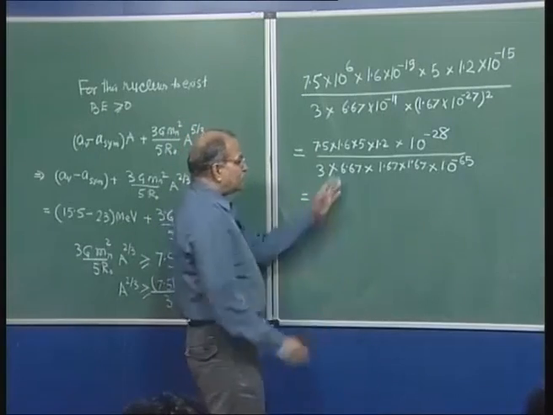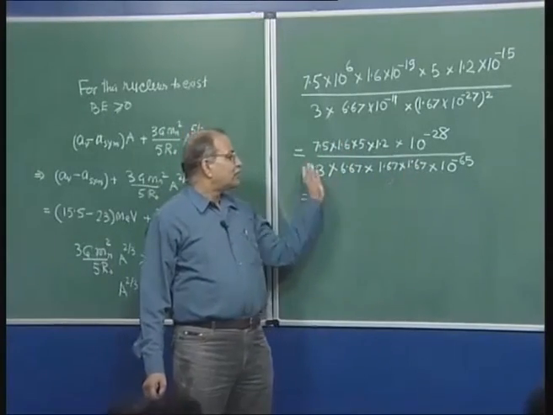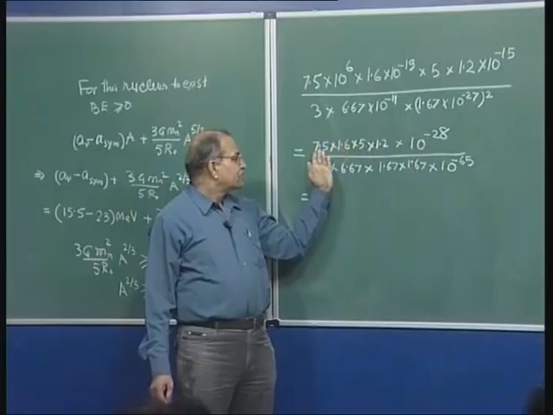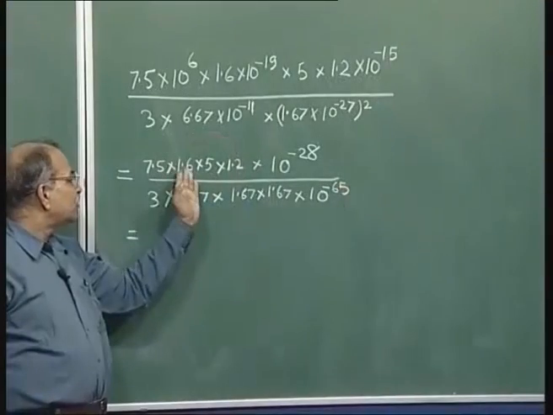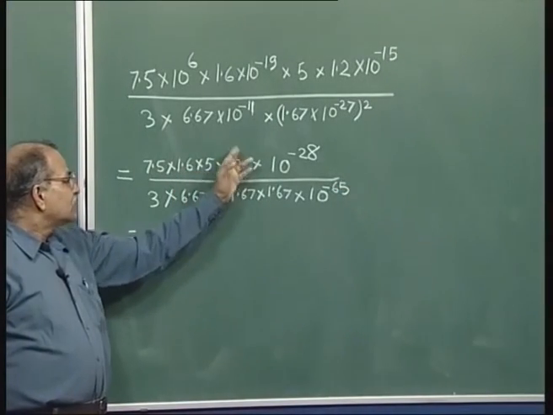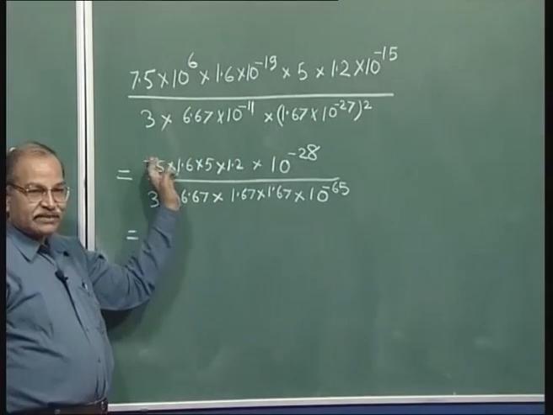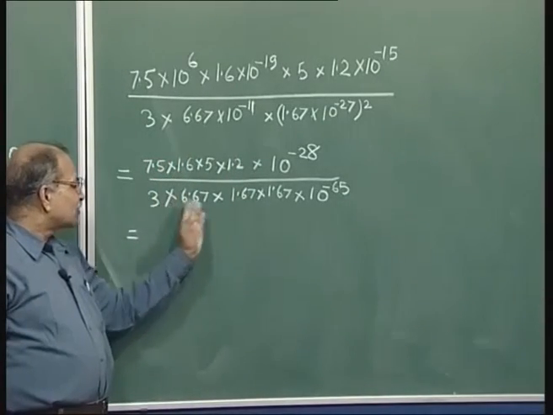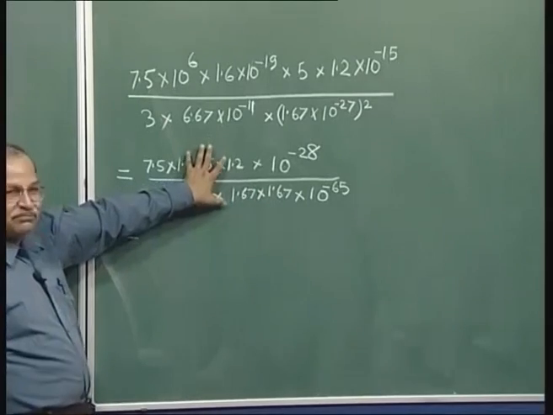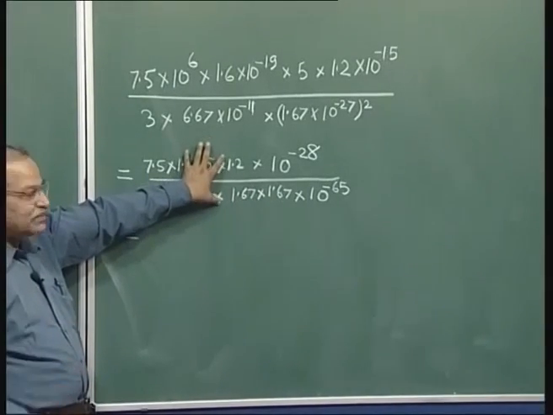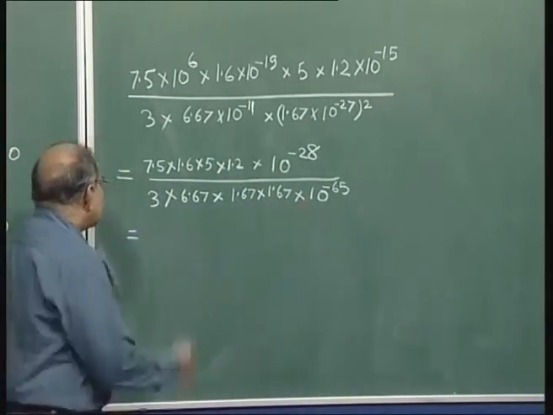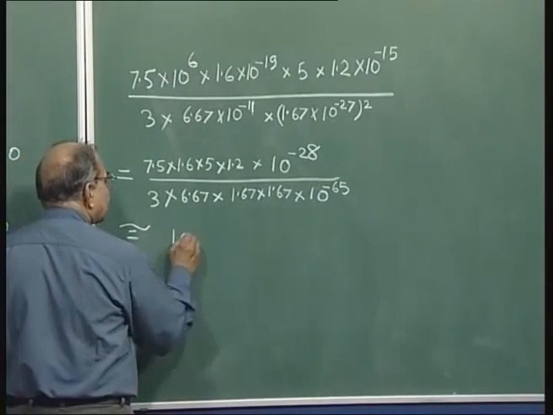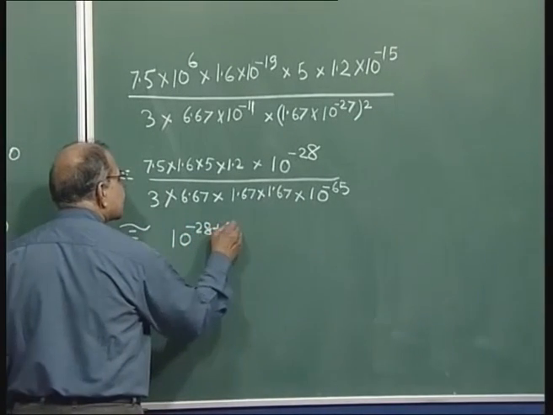So, this will be some number, it is not going to affect much. This side, 7.5 into 1.6 into 5 into 1.2 will be around 50 or 60 or so, and the denominator is also like that. So, this will be some number around 1 to 10 or something like that, times 10 to the power minus 28 and plus 65.